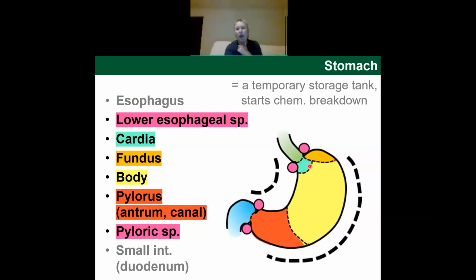And on the more lateral side, the bigger one, we call that greater curvature. So those are terms that we can also use when we describe locations within the stomach. So terminology that we might want to know: lesser curvature and greater curvature.